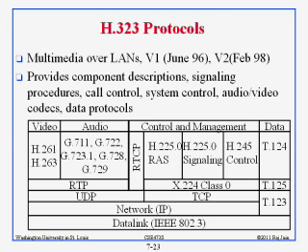All right. Moving on to H.323. So this is what we would call a VoIP protocol set. Actually, this is not a protocol, it is a set of protocols, and this allows you to do voice and video over local area networks.